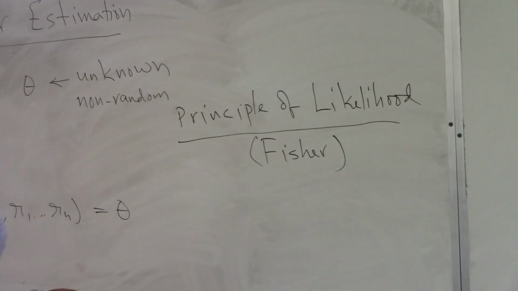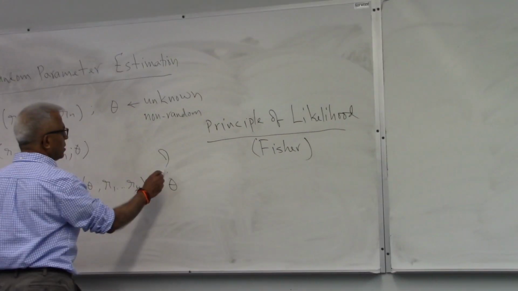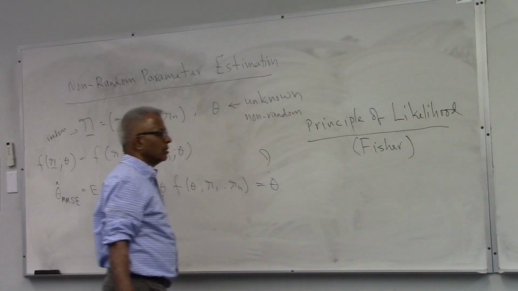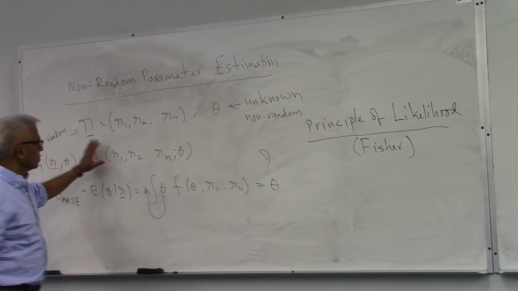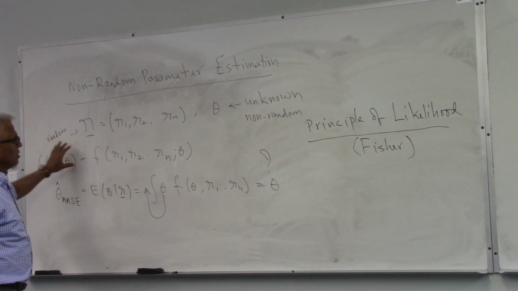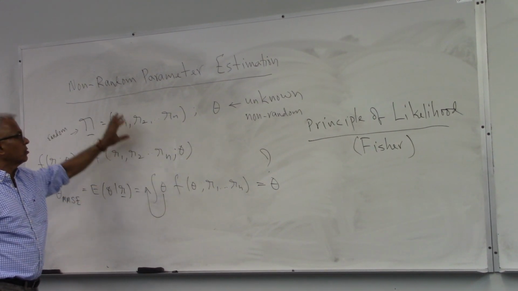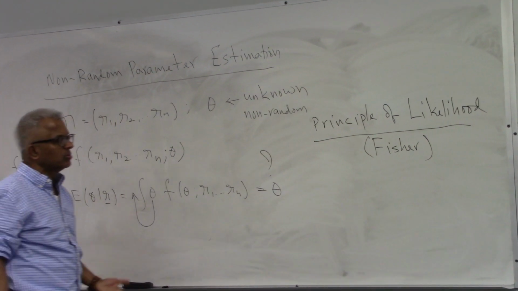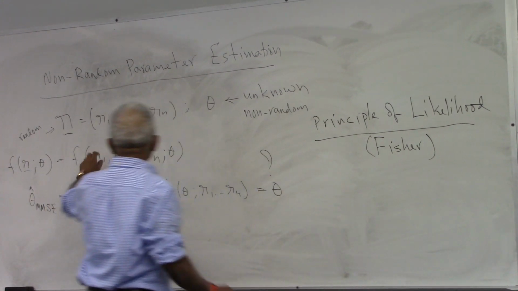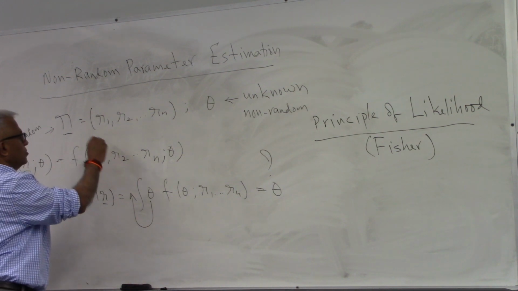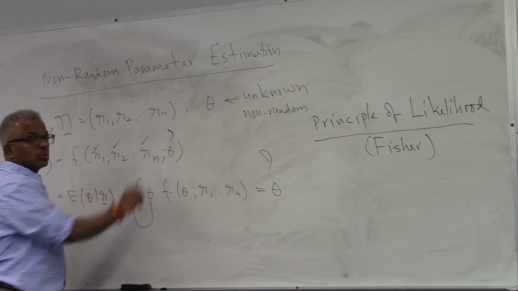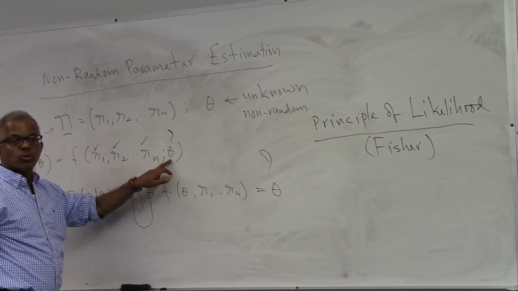So the idea is that here, remember, theta is unknown, so this is not going to be meaningful. All we have is the joint density function. Because of the observations, we have the joint density function. And if you look here, the observations have been collected, so these are all known, and theta is the only unknown.